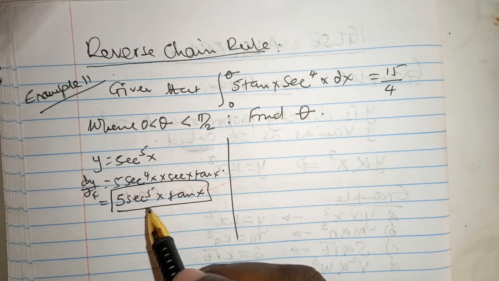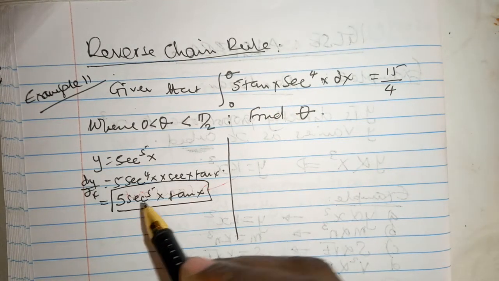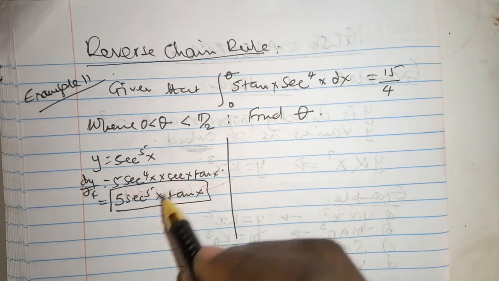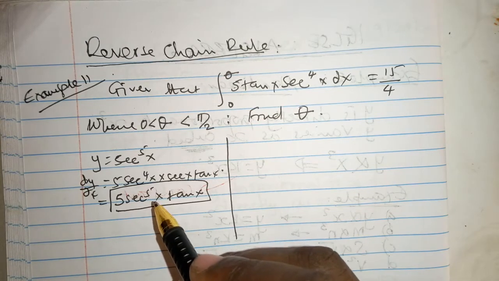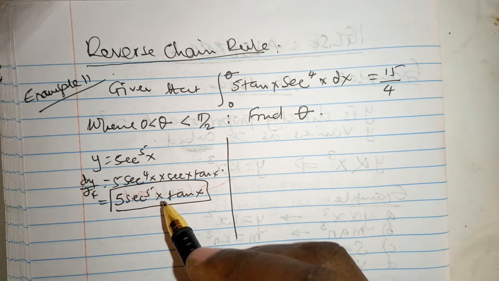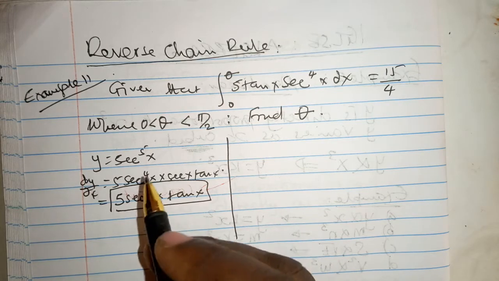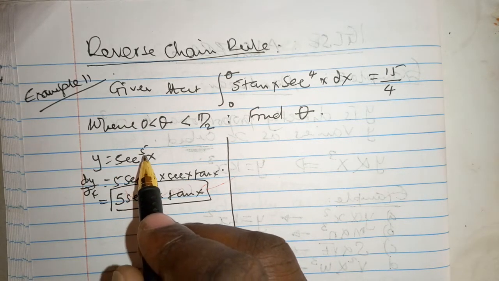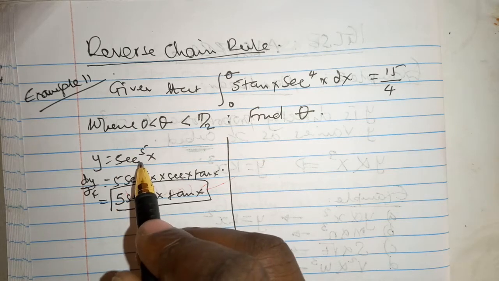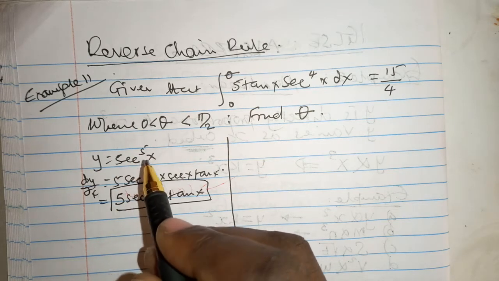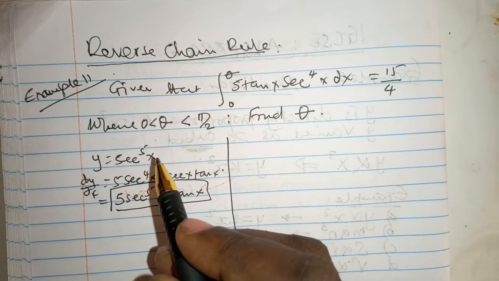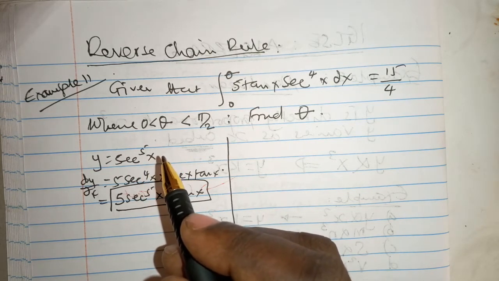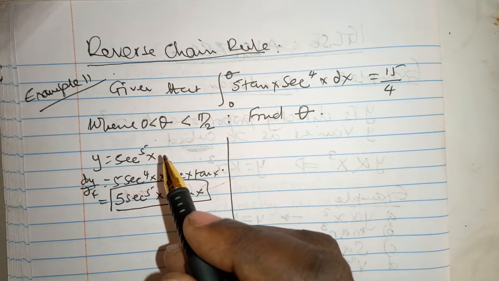You look at this, the power is increased by 1, and we need the power that is 4. We have power 5. The reason we made this mistake is because we literally took y to be sec x raised to power 5, just because we were introduced to the same kind of approach in the previous example, having forgotten that the derivative of sec x has sec x itself.